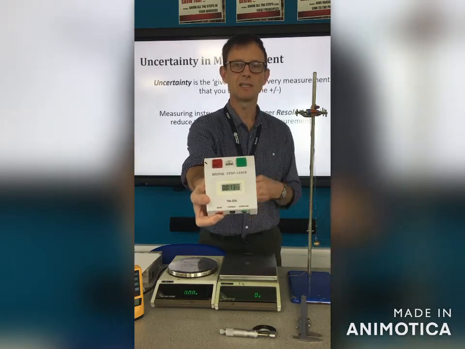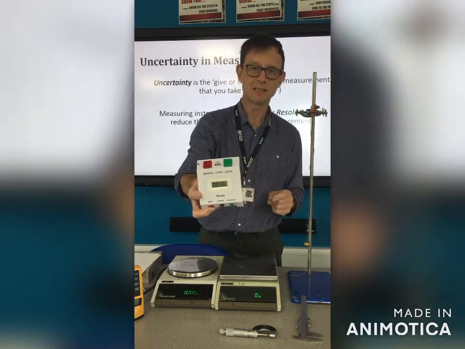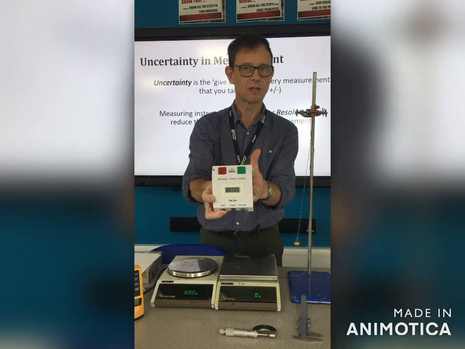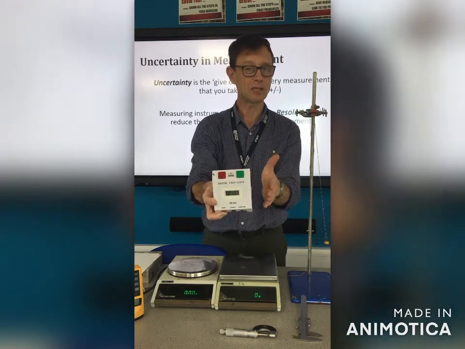If I divide by 10, my measurement will be 10 times better. I'll actually have a more precise value. So I'll have 1.355 seconds, which is actually quite close to the last one.